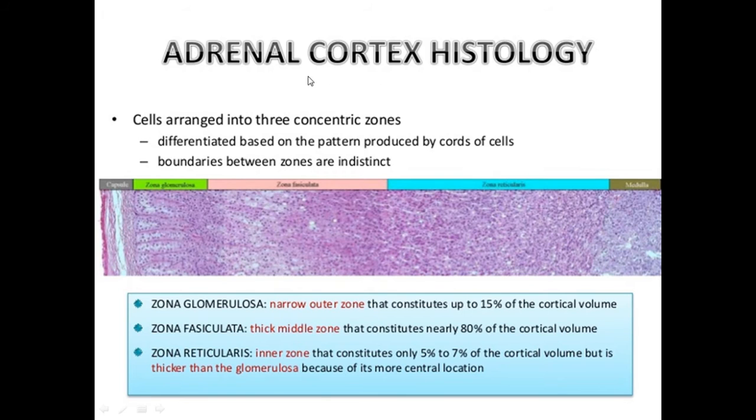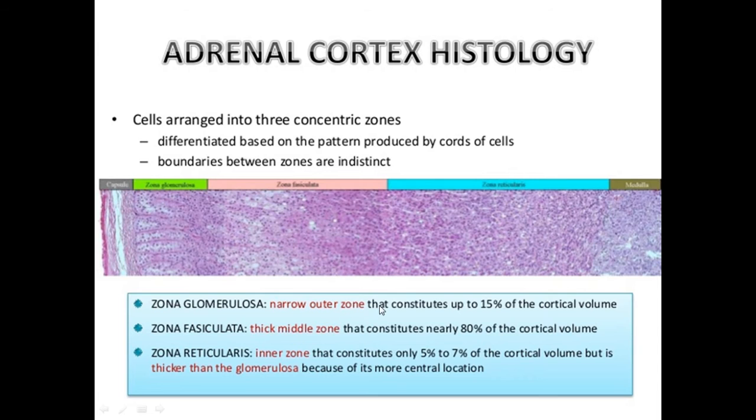Histologically, the cortex of the adrenal gland is arranged in three distinct zones. It consists of 85 to 95% of the glandular thickness. That part is further divided into three distinct zones. The outer part is called the glomerulosa, the middle part the fasciculata, and the inner part the reticularis.